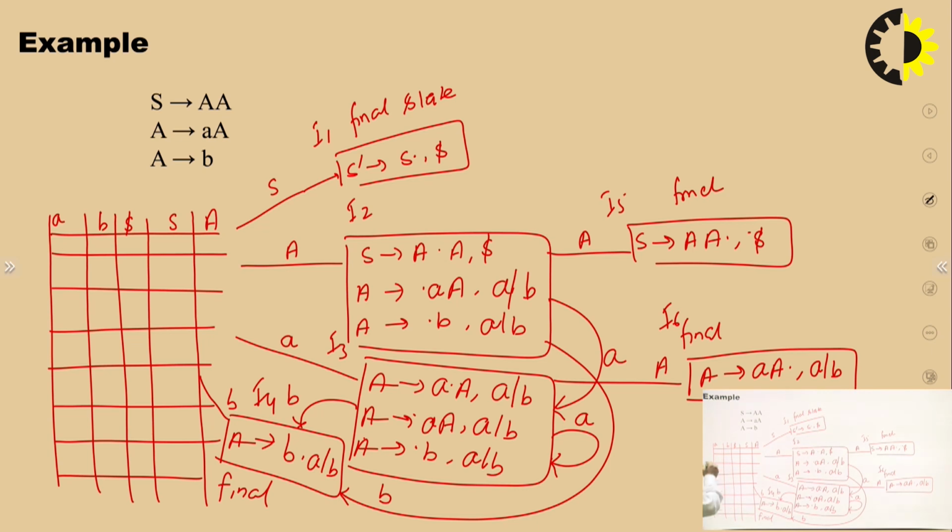Now we write 0, 1, 2, 3, 4, 5, 6. Now from I0 on A, that is S3, I0 on B, that is S4, and I0 on S, that is 1, and I0 on A, that is the state 2.